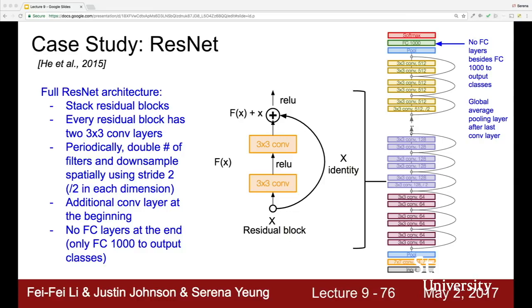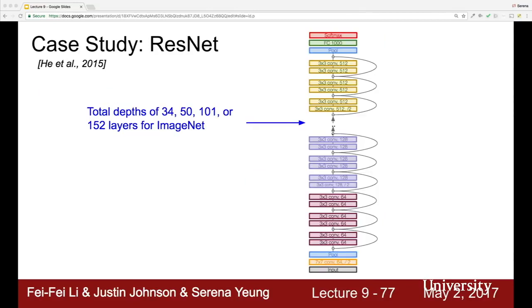We just have a global averaging pooling layer that's going to average over everything spatially and then be input into the last 1,000 way classification. So this is the full ResNet architecture. It's very simple and elegant, just stacking of all of these ResNet blocks on top of each other, and they have total depths of up to 34, 50, 101, and they tried up to 152 for ImageNet.